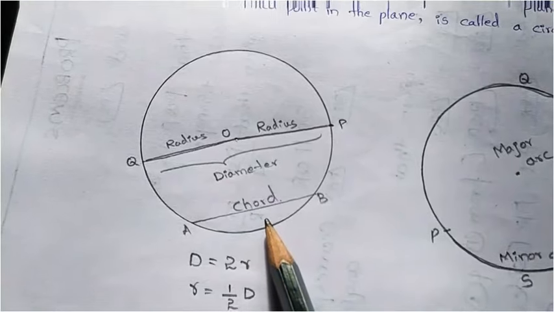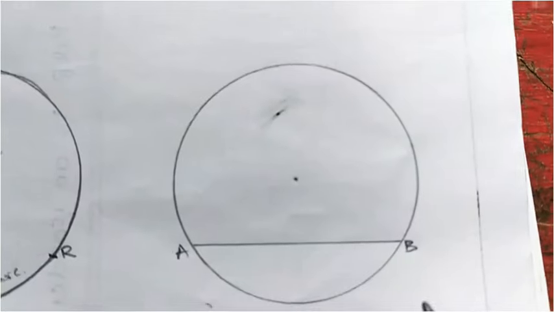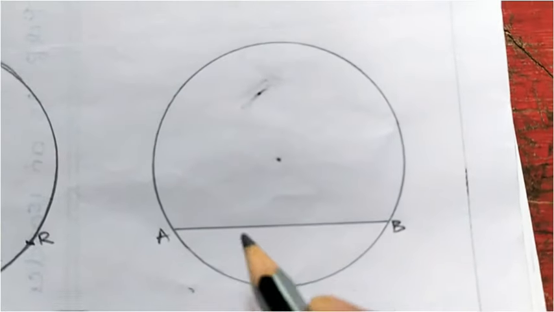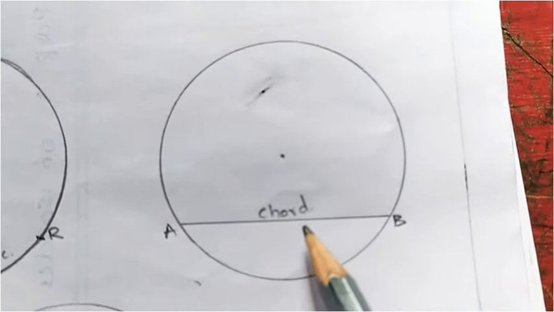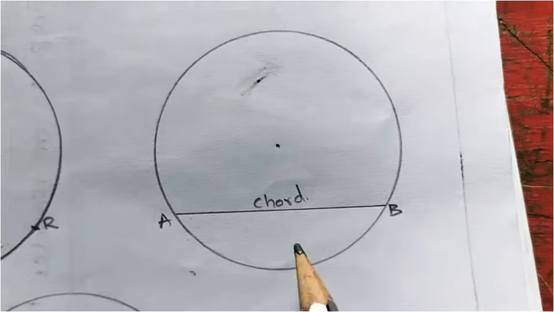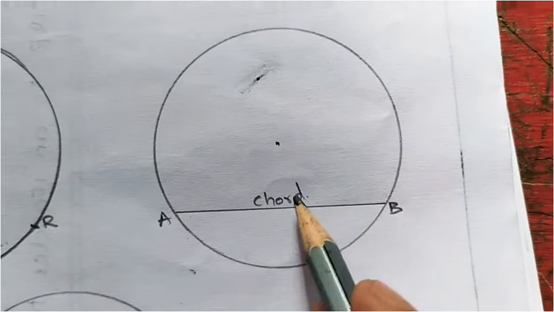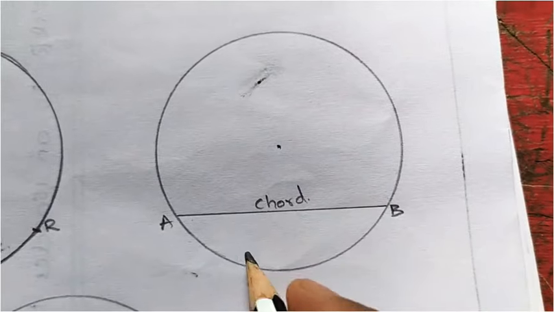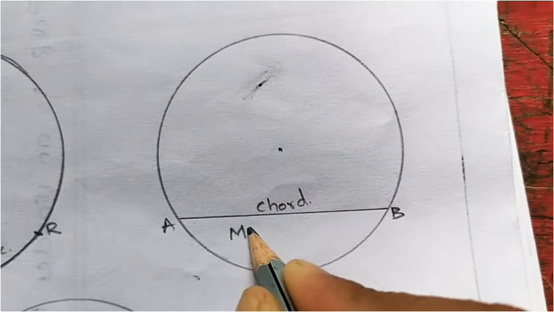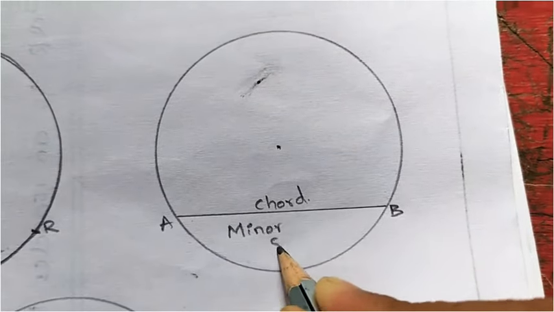Let us take one example here. In this figure I am taking AB as the curve. The region or area below that curve which is smaller, I will take as the minor segment.